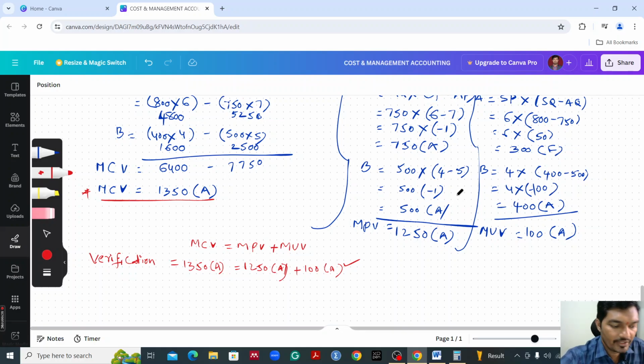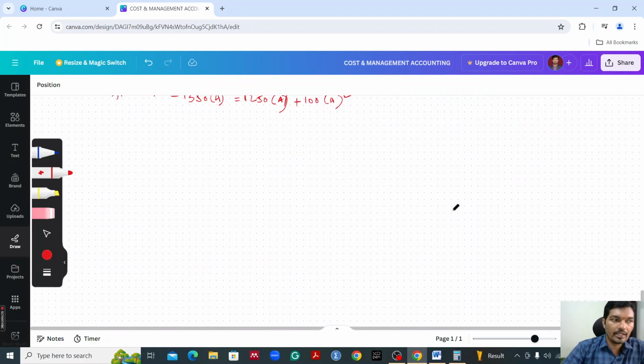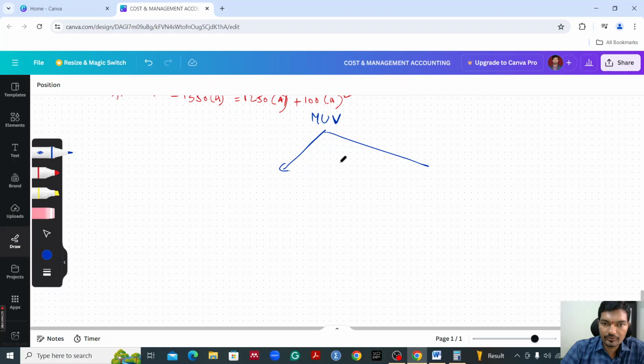So next part is MUV, material usage variance. Two types of material usage variance are available.